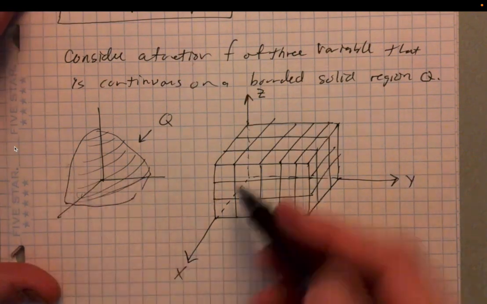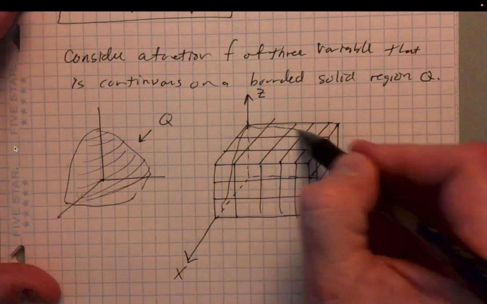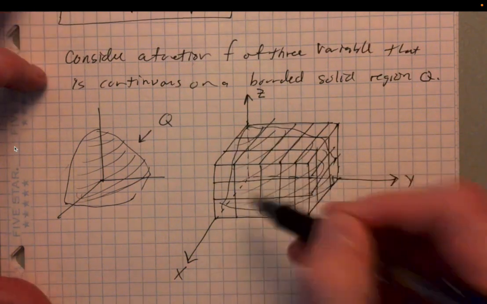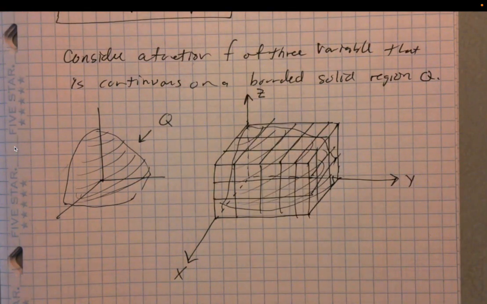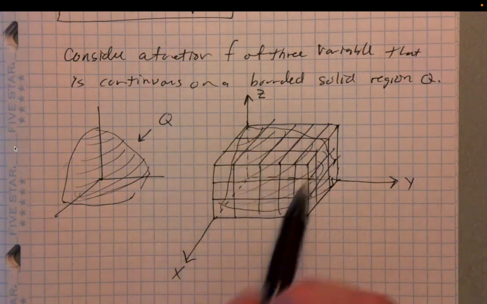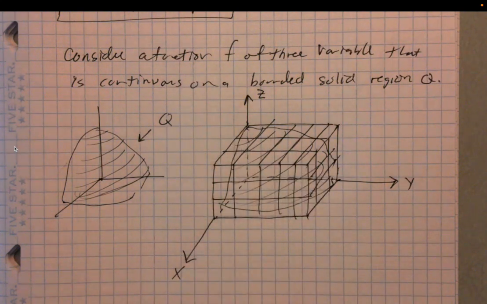Now inside this grid is the shape that we're interested in. Inside there you've got your shape, but it's all gridded off into these rectangles. You can see obviously these cubes will completely encompass the solid region Q. That's what we start with.